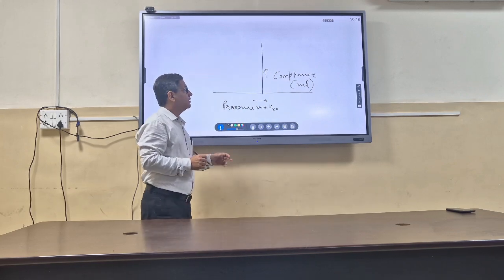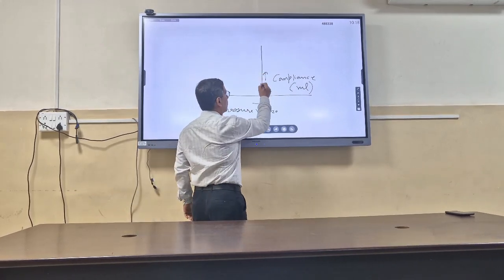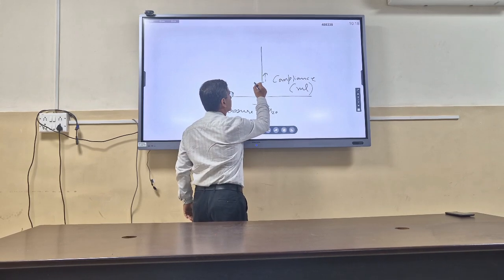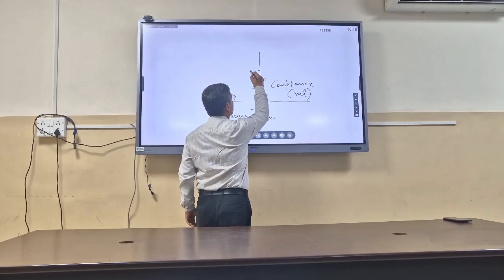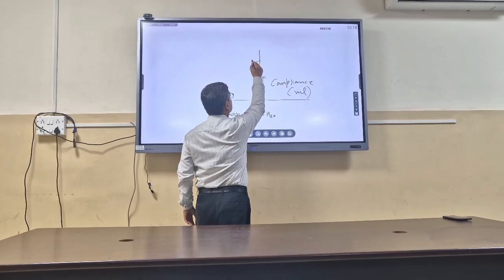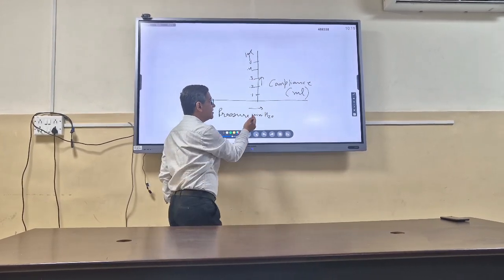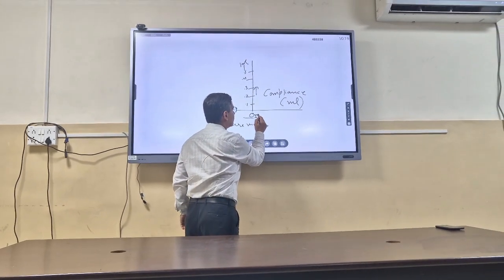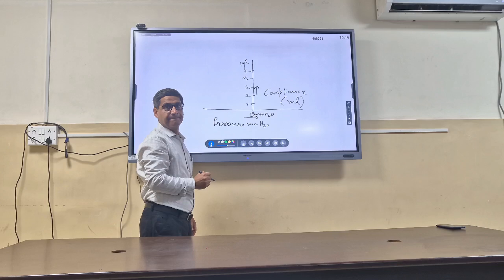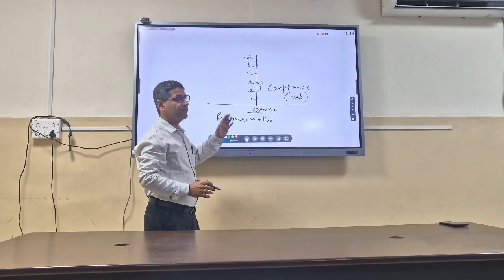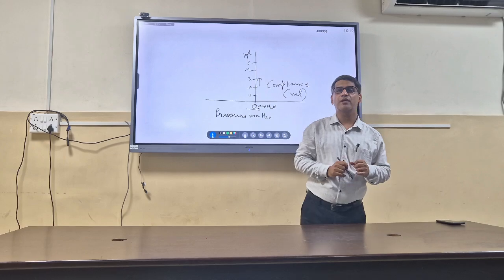the normal compliance of the middle ear is somewhere from 0.6 to 1 ml, which is at 0 millimeter of water. The normal compliance, you can just check it. What is the normal compliance?